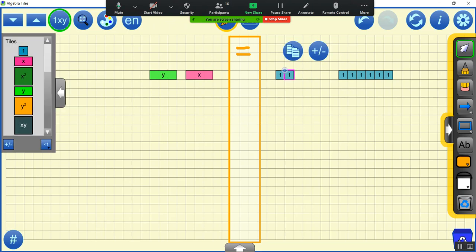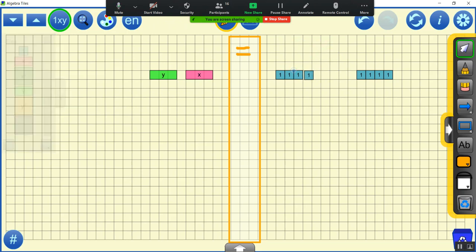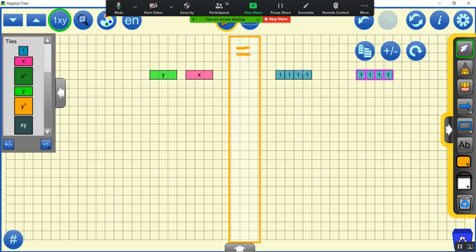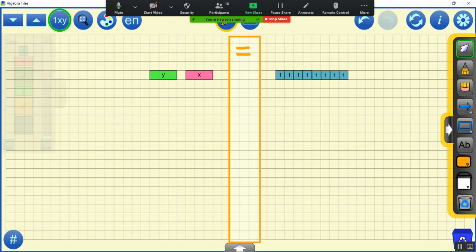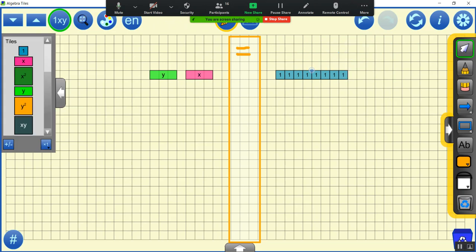I could have y is 2, and you get the idea. I could split this up. And algebra tiles is limited by the fact that we can only do integers, but you guys know that integers are only a small set of the total number of numbers we have. We could have decimals or anything. So there could be an infinite number of things. All right.